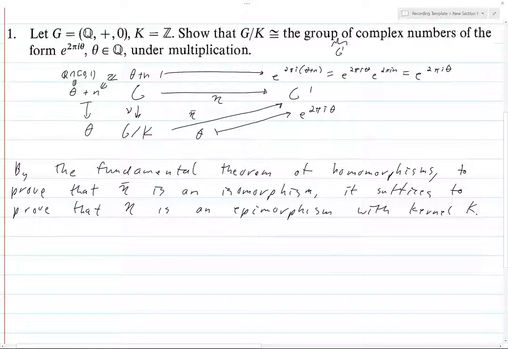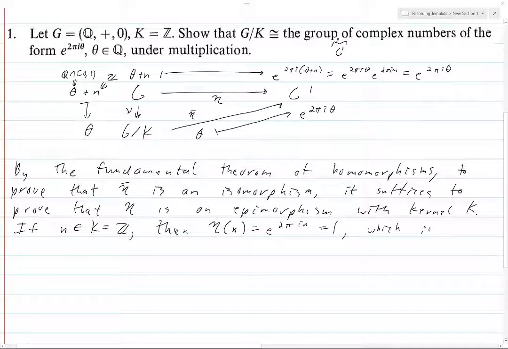So to prove that K is the kernel, if n is in K, which is just Z, then what is eta of n? Eta of n equals e to the 2 pi i n, which is just 1, which is the identity of G prime.